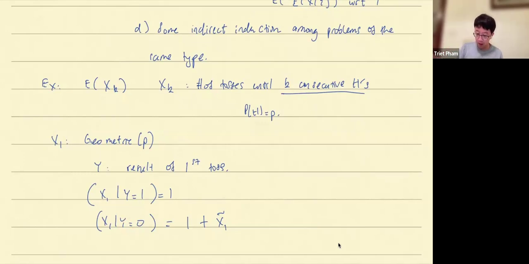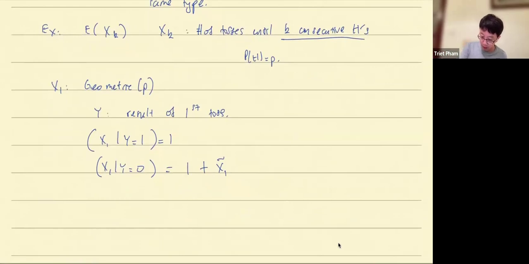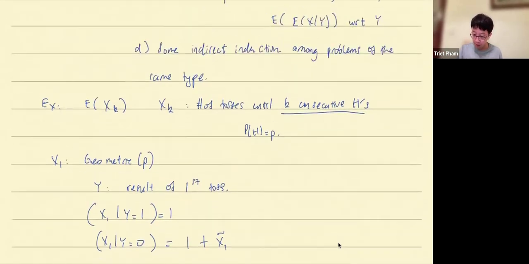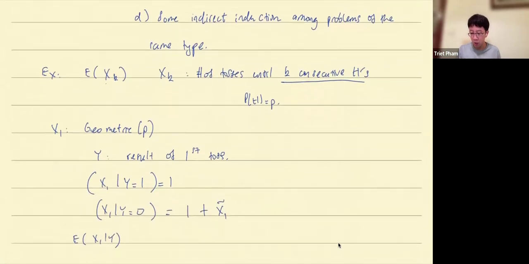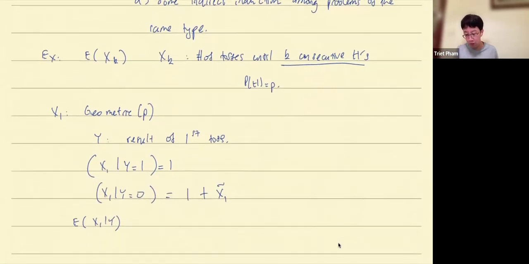And so, when you write down the conditional expectation, again, very important, the inner one is with respect to x. What we mean there is, it's going to work on this guy right here. This one has no expectation because it's already 1. So let me see how I can write this.